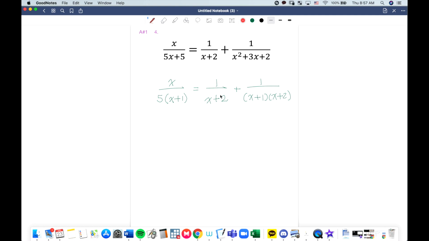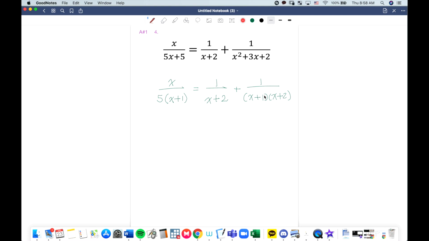The second fraction has an x plus 2. So they don't have anything in common in the denominator. This fraction here has x plus 1 and x plus 2. So what I'm going to do is go back and forth to figure out what's missing and what each fraction has and doesn't have.